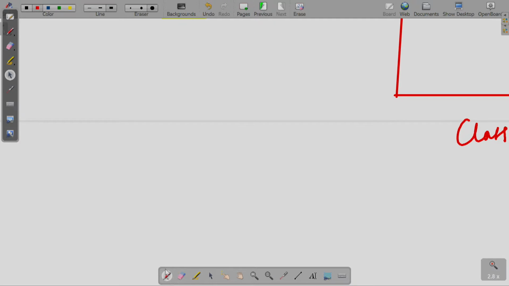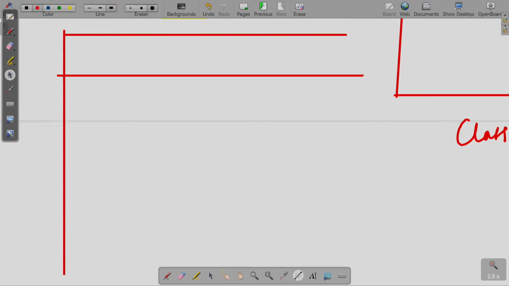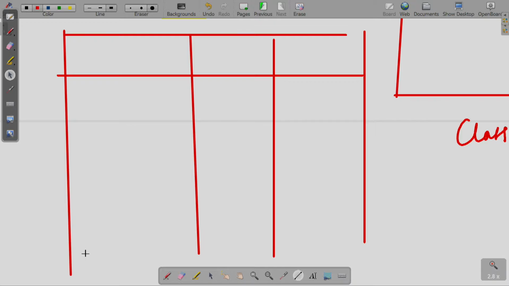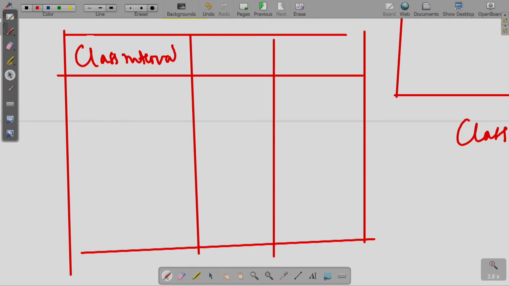So let's draw our table here. This is class interval, and here we have frequency, and here class mark.